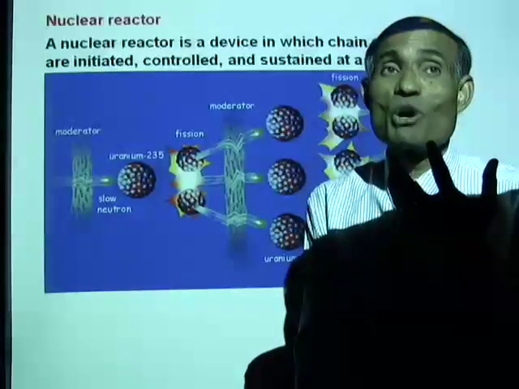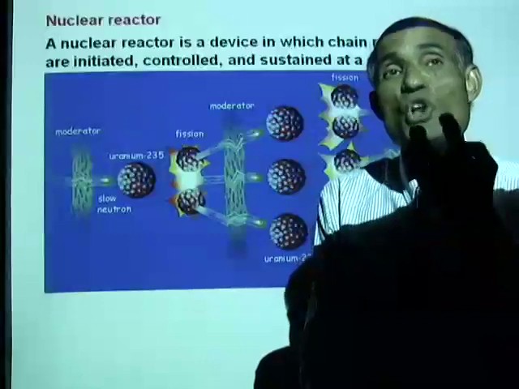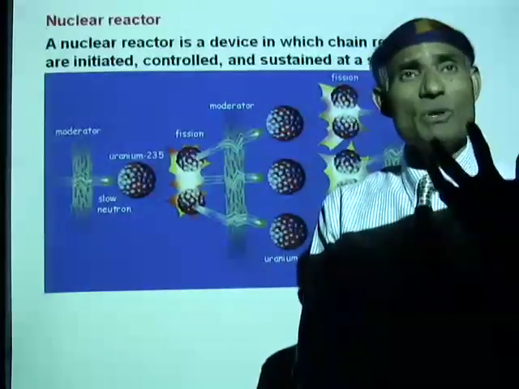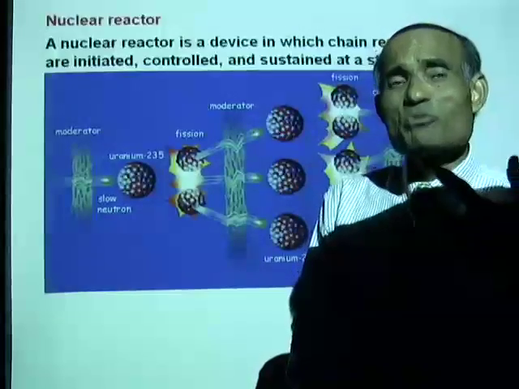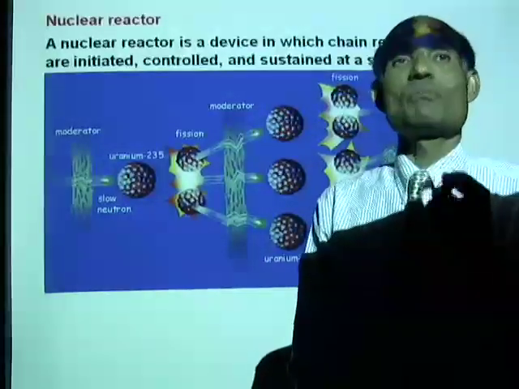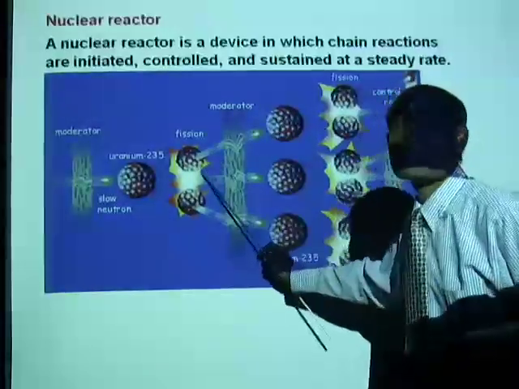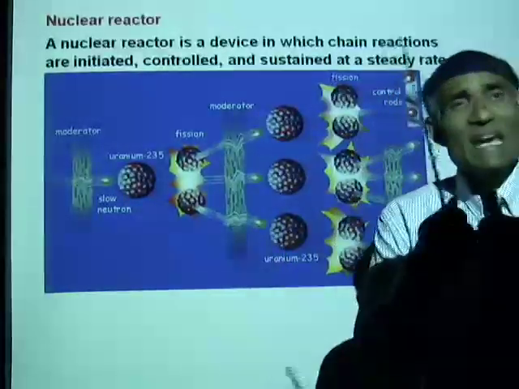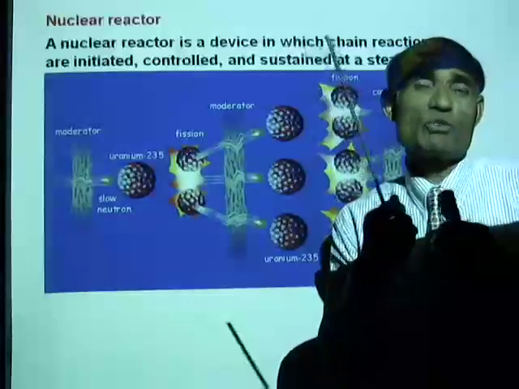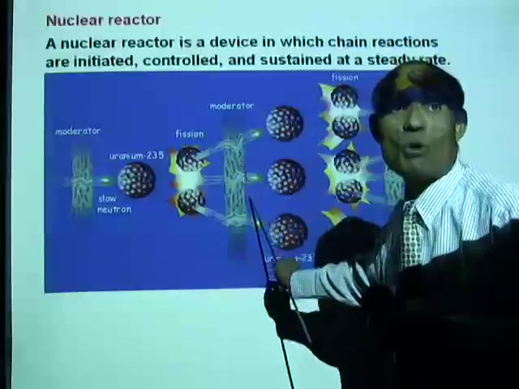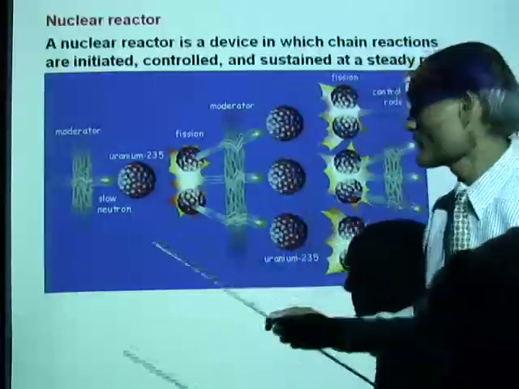The purpose of the moderator is to slow down the neutrons, because fission is produced by the absorption of slow neutrons by the uranium nuclei. So these neutrons, when they hit against the molecules or nuclei of the atoms of this moderator, they slow down.